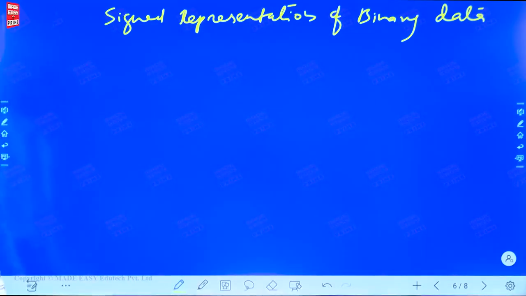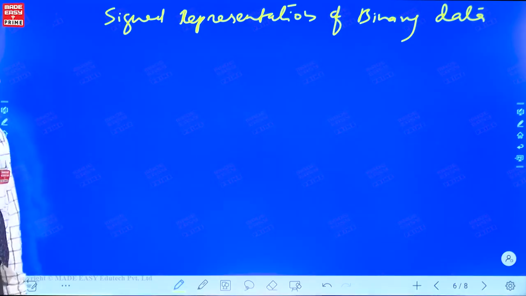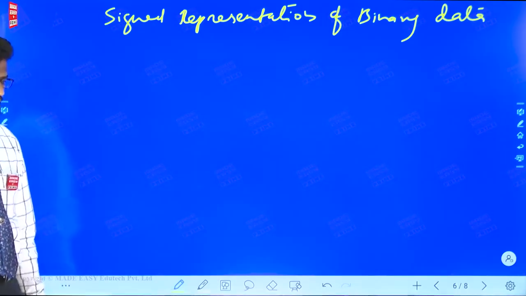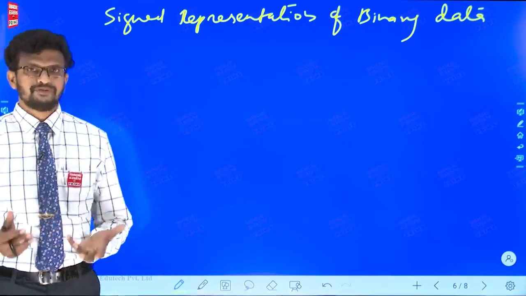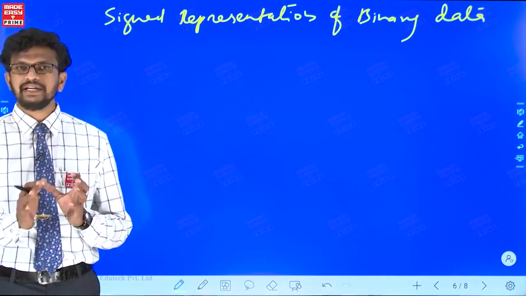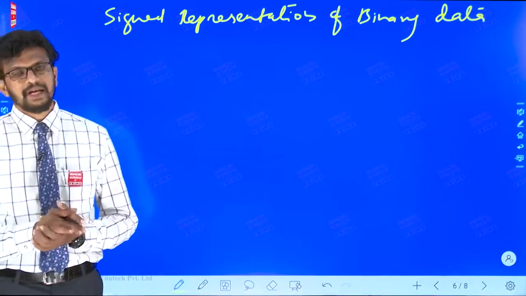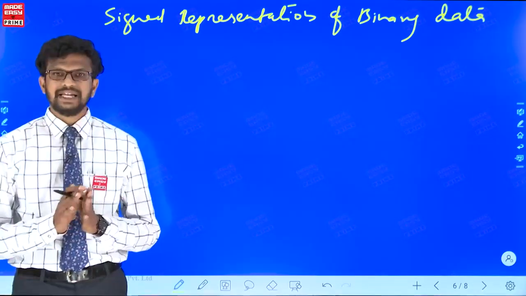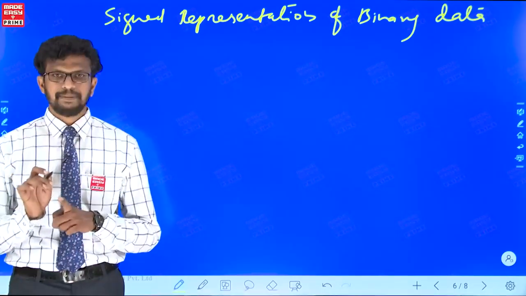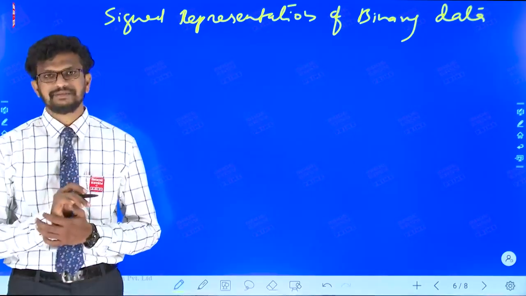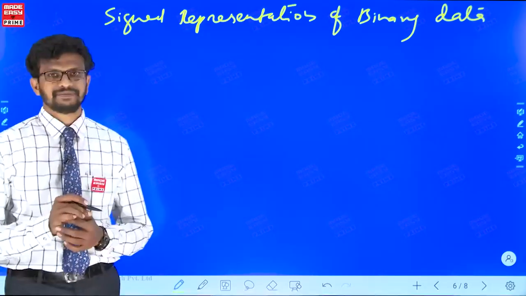What is signed representation of binary data? Whenever you want to represent the data in the negative form or positive form, you must consider the sign of that particular binary data. So if a binary number is some n-bit length, then the last bit, the MSB bit, the b(n-1)th bit, is taken as the sign bit.